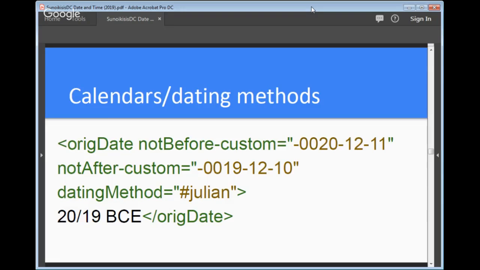So it was sometime between those particular dates in 20 BCE and 19 BCE. And those particular dates, it matters that we're not talking about the Gregorian calendar. So we say dating method is Julian. That hash there at the beginning of Julian means that this is not just a string, this is a pointer to an element somewhere that defines the Julian calendar for the purpose of this exercise.